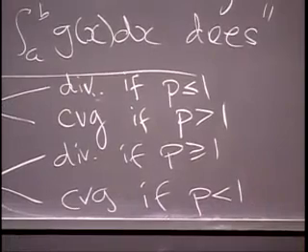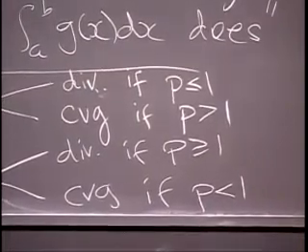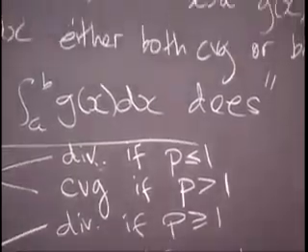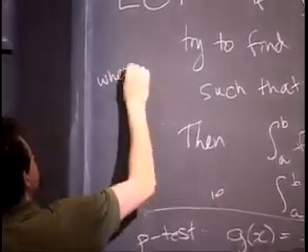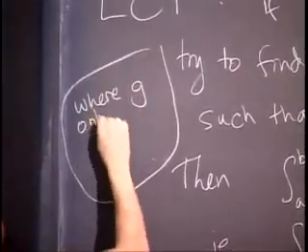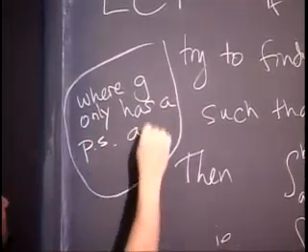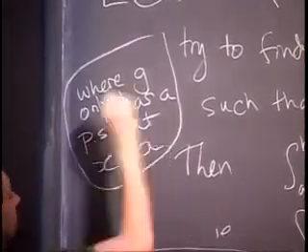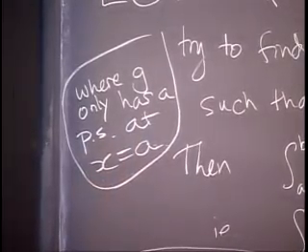I forgot to say one thing about the limit comparison test, and it's to do with g. And I should have said where g only has a problem spot at x equals a. You don't introduce any new problem spots. I said it last time, I just forgot to mention it.